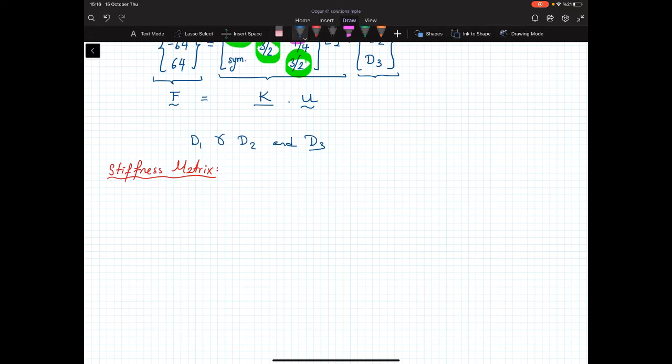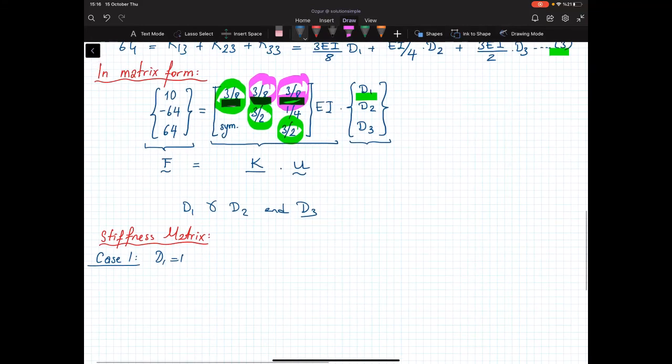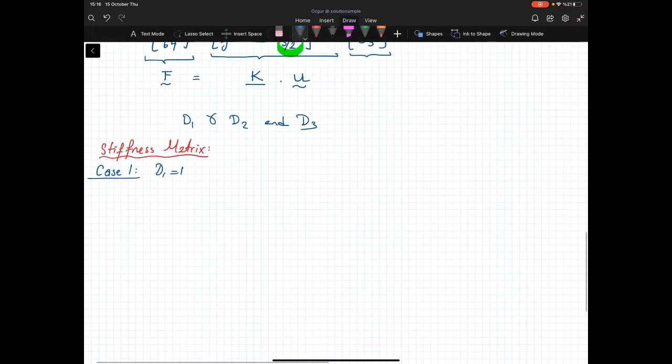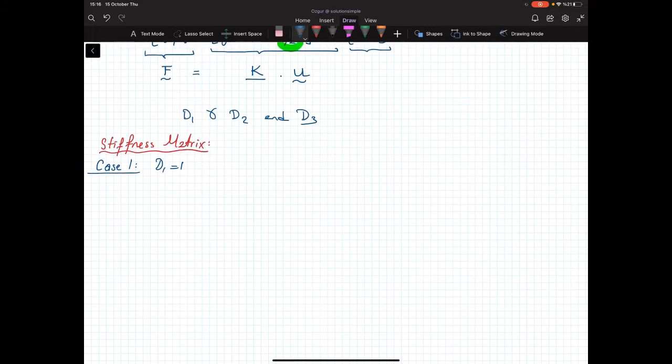So we are saying that case 1 is D1 is equal to 1, since these coefficients mean a force that creates a unit translation. So we are giving the unit translation or the rotation to the structure, and D2 is equal to D3 equal to 0.